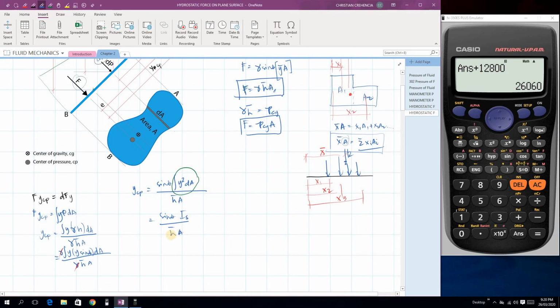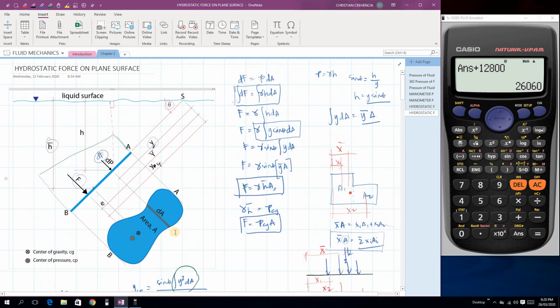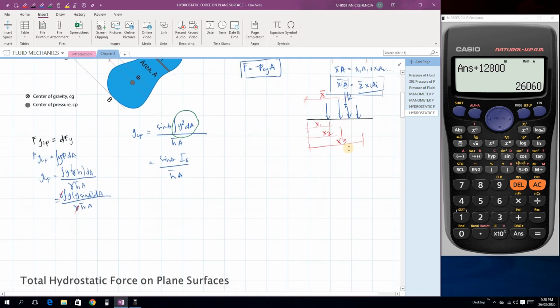Okay. So going back to this triangle, we said h is y sine theta, then y is equal to h over sine theta. So if we go back to this, h bar over sine theta, although it's inverted, no? But it's like h bar over sine theta, and that will be equal to y bar.